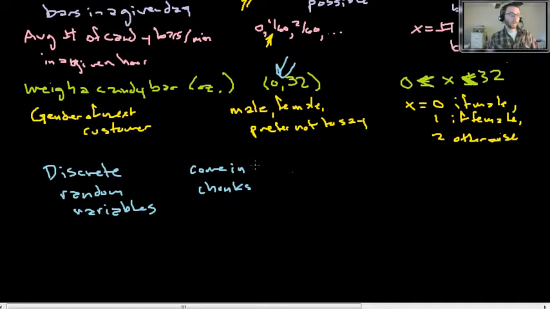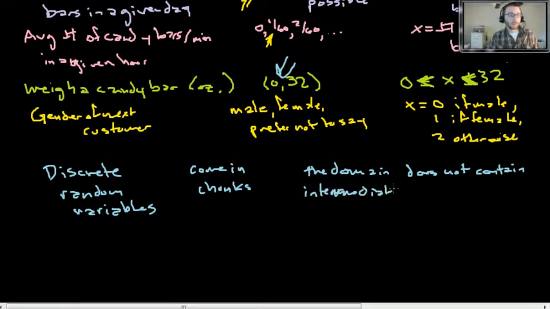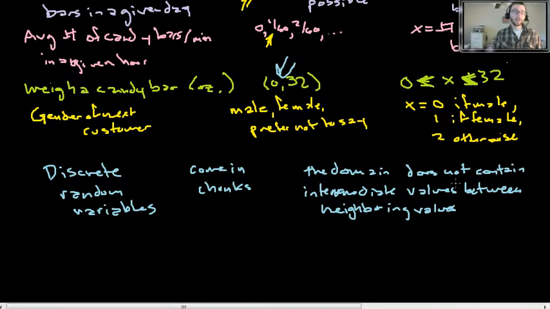So for a discrete random variable, the domain does not contain intermediate values between neighboring values, right? If we plot these on a number line, it's going to be Swiss cheese, right? You're going to have a couple dots, and then there's going to be holes.